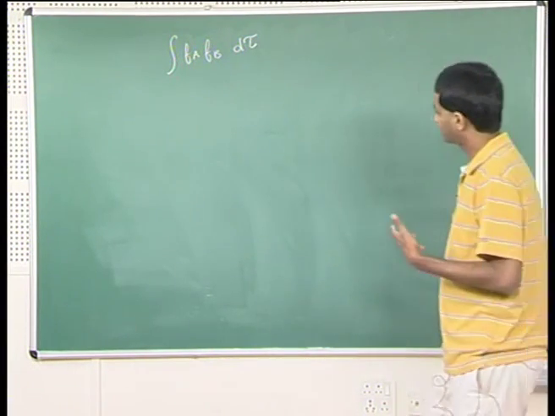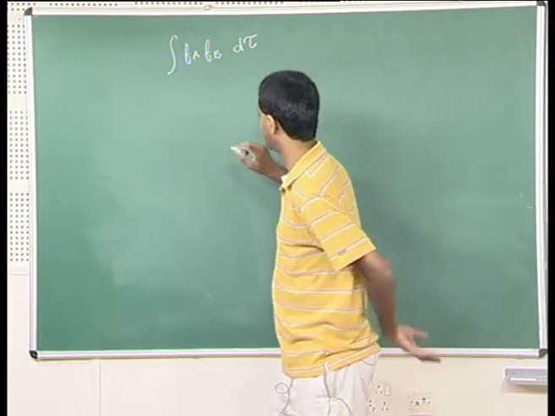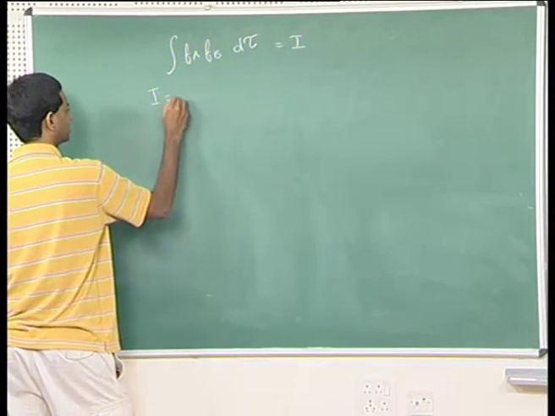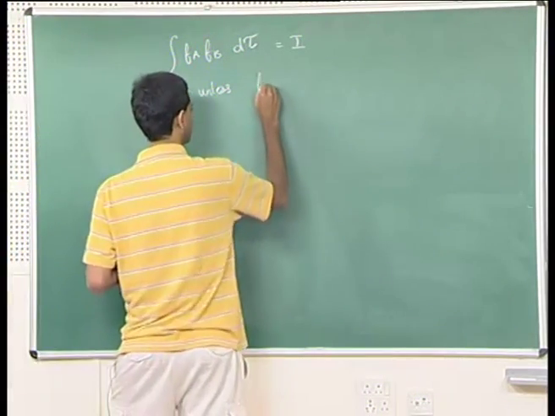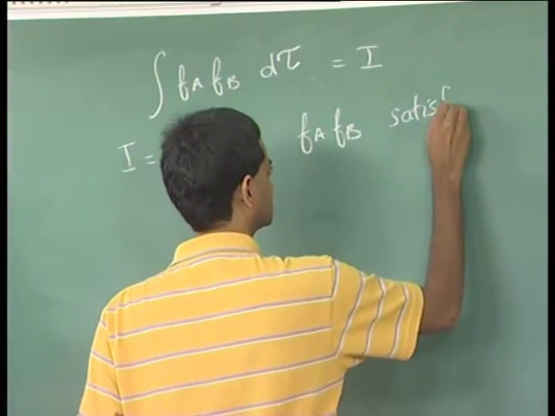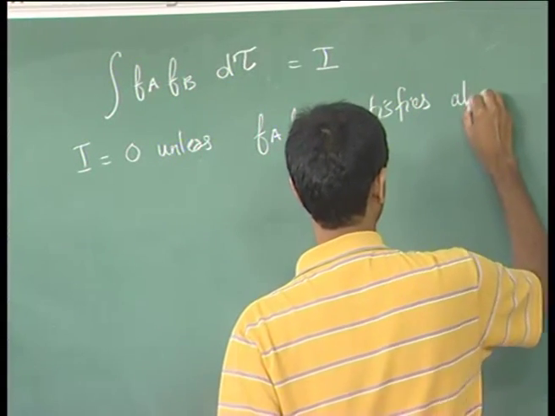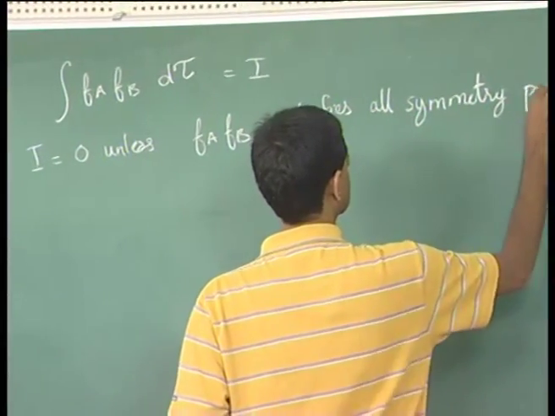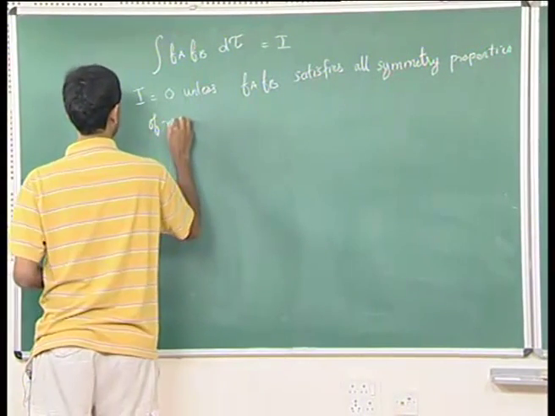So now, we call this integral I. I equal to 0 unless f_a f_b satisfies all symmetry properties of the molecule.